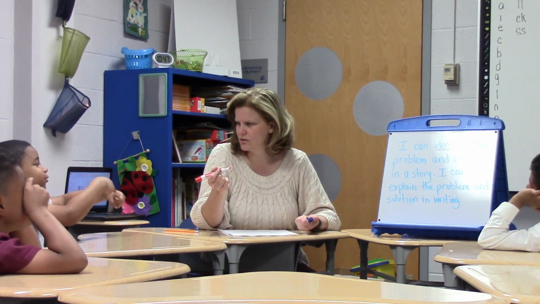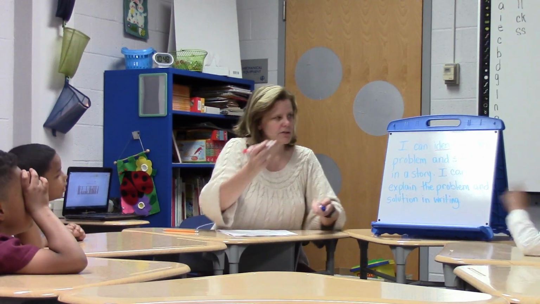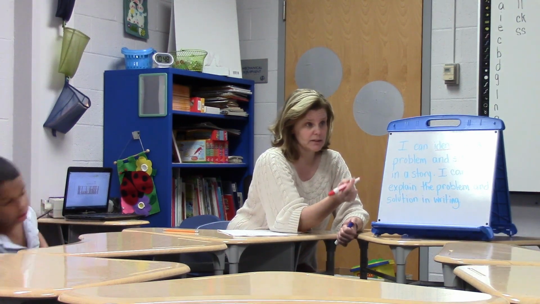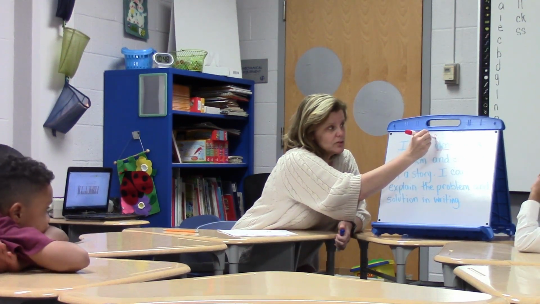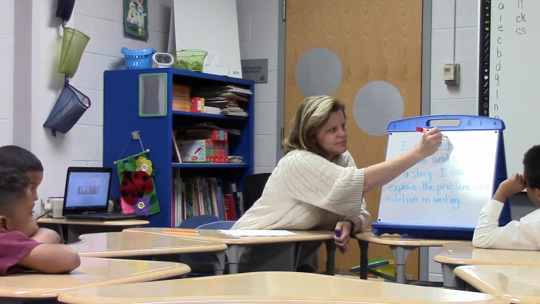Okay. Something you hit, like with a circle on it. All right, so when we identify the problem, that means we find it, we show it. Explain what you're thinking. Fine.